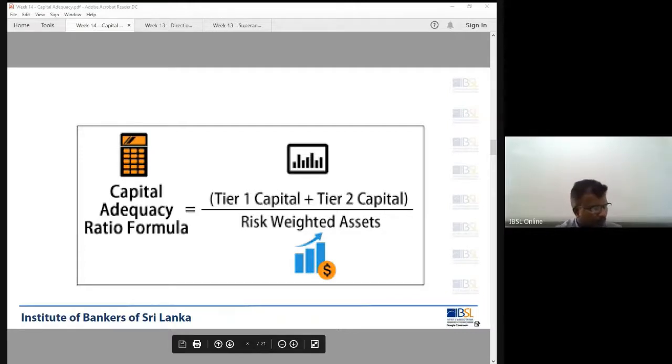Second one: what are the major differences between EPF and ETF? Last week we discussed with the slides, so you can answer.